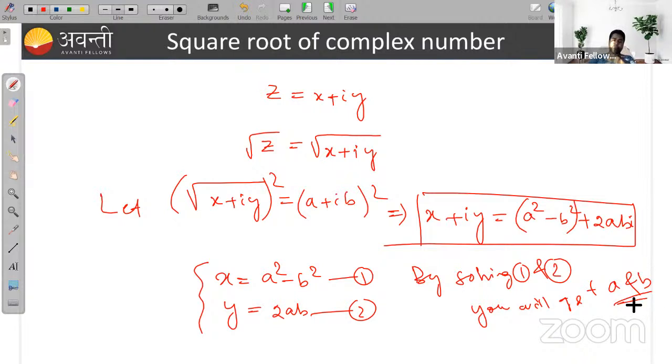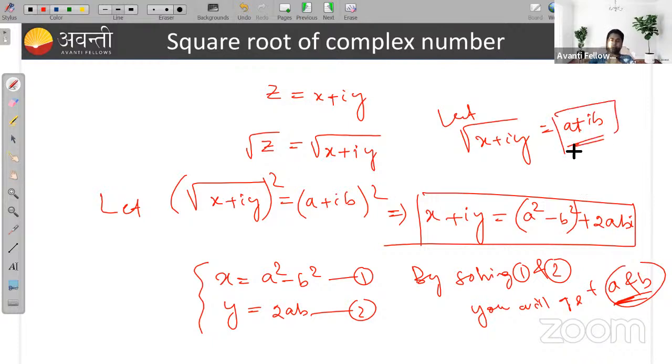Now, after getting the values of a and b, just put them here. I have already taken root of x plus iy is equal to a plus ib. Now put the values of a and b here, and the complex number you get after putting the values of a and b will be the square root of that complex number.